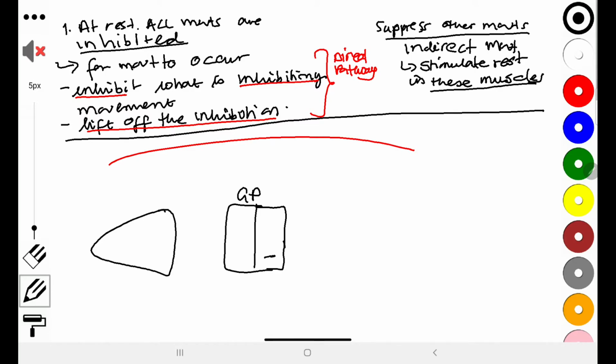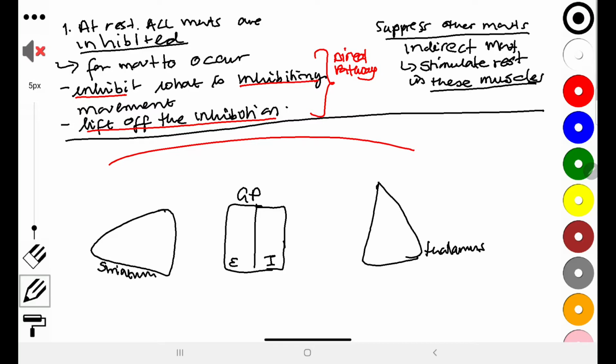Then we have an internus and externa. This is the striatum. And then of course we're going to have our thalamus. So this is the thalamus.